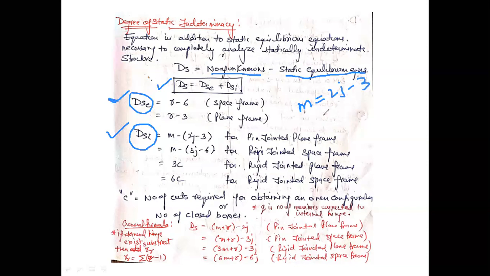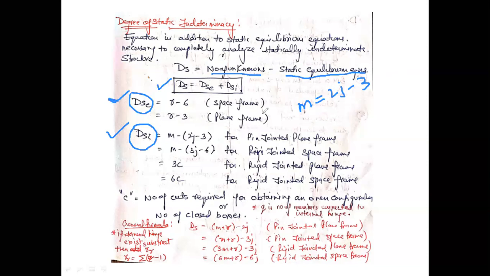We studied this in the previous lecture. If this equation is satisfied, then the structure will be statically determinate; otherwise it will be an indeterminate structure. So what we'll do is bring this M to this side, and that will give the difference between M and 2J minus 3, and that will be the degree of static indeterminacy.